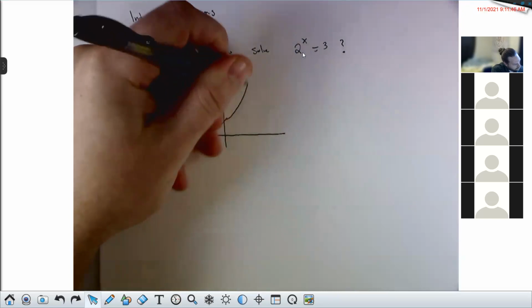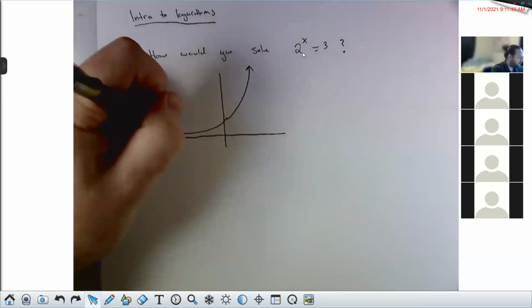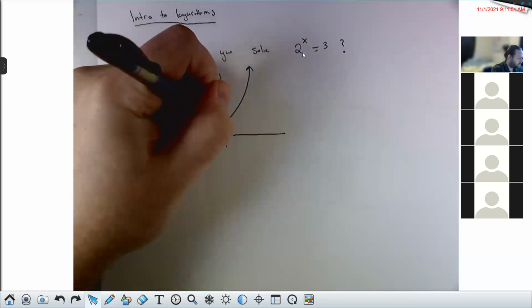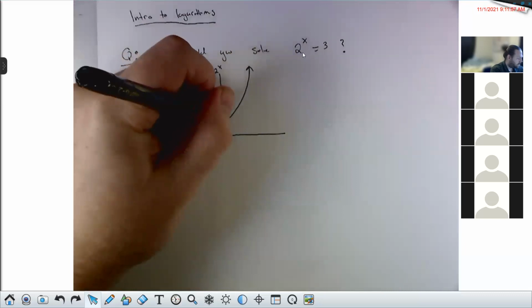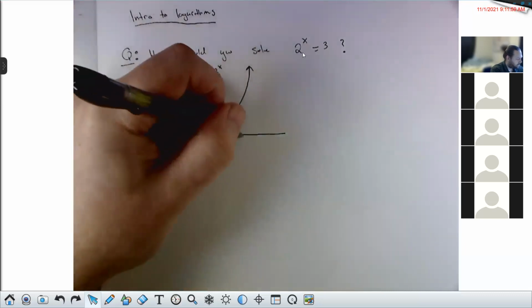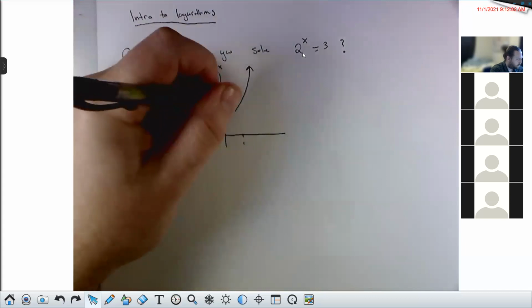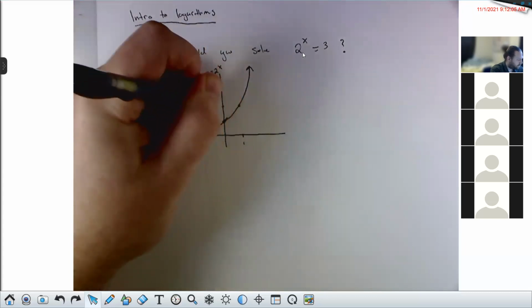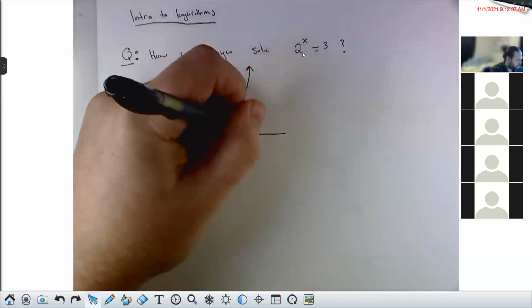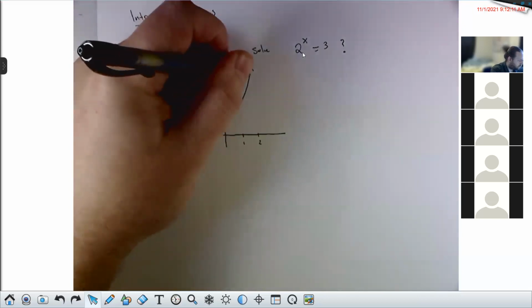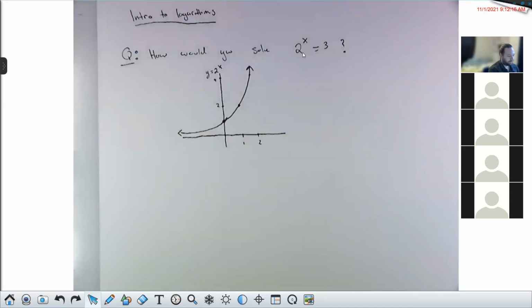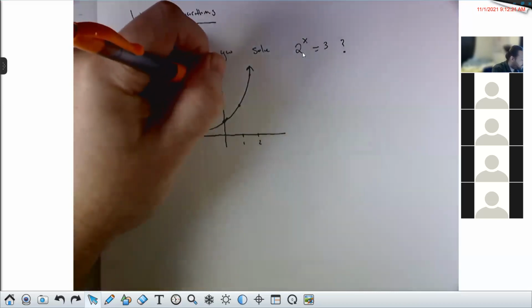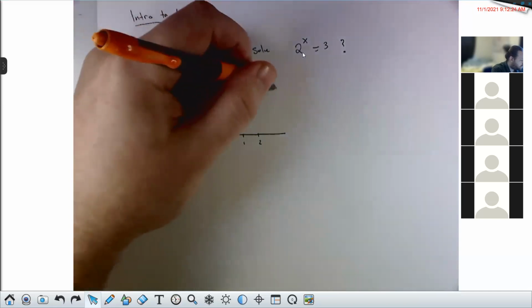you know what it looks like, right? Here's every growing exponential. This point is 0, 1. This point is 1, 2. This point is 2, 4. So if I throw in the line y equals 3, it's right here.